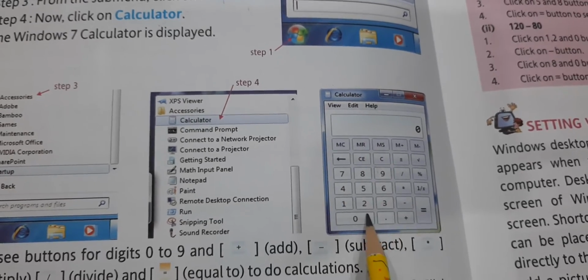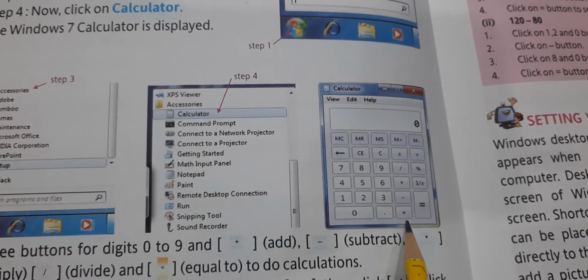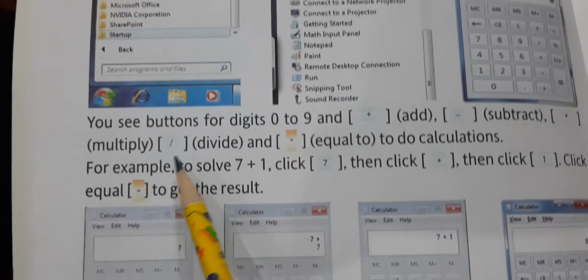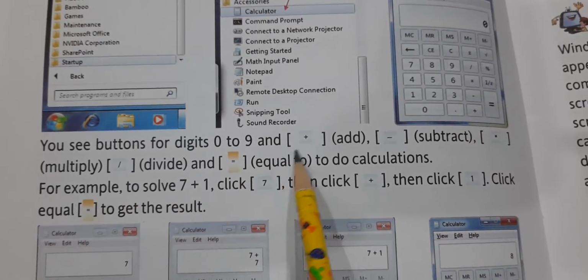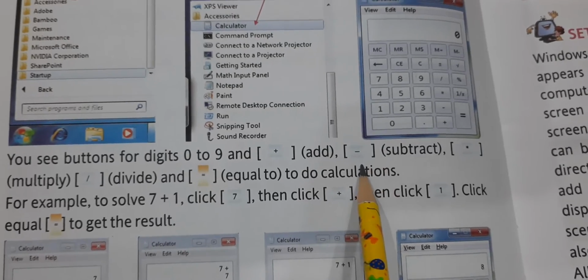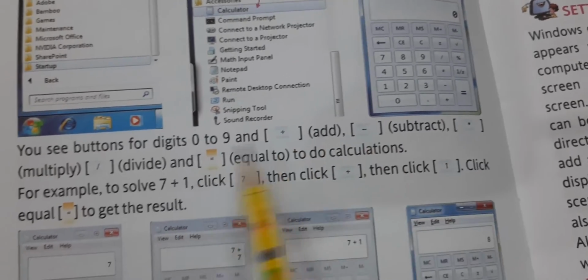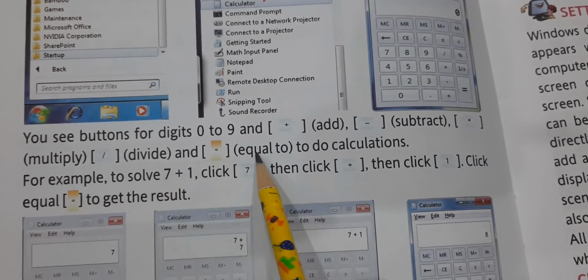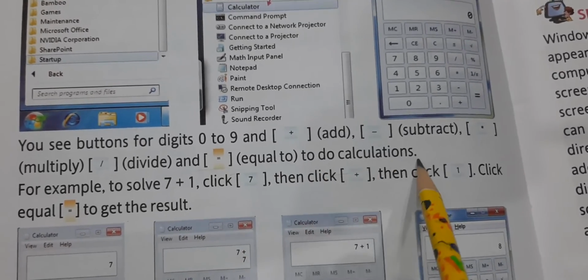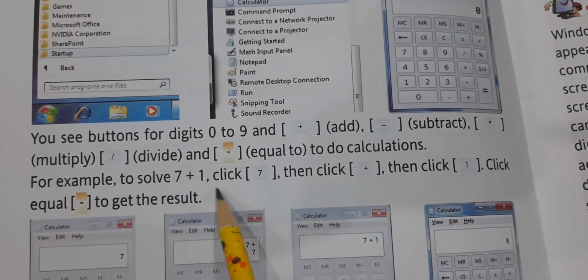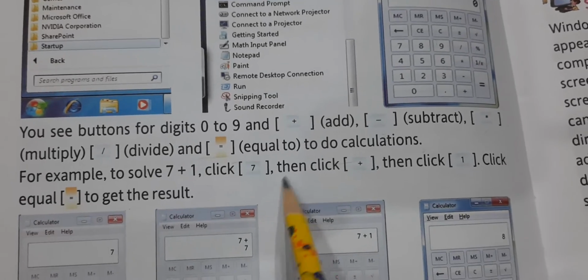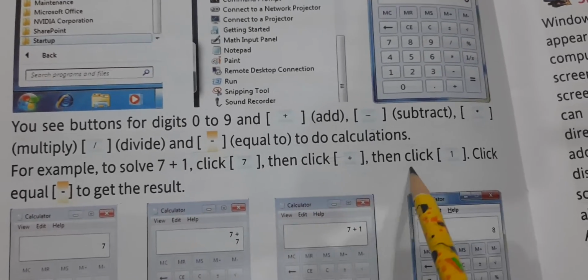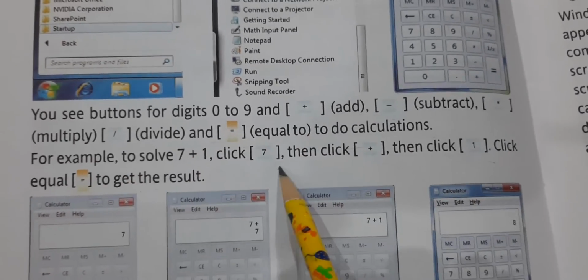In the practical video, you will see that a calculator like this will be displayed to you. Here you can see numbers and various functions also. So now you see buttons for digits 0 to 9 and plus for add, minus for subtract, asterisk sign for multiply, slash for divide, and equal to do calculations. For example, to solve 7 plus 1, click 7, then click plus, then click 1, click equal to get the result.